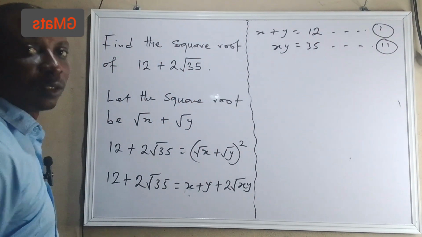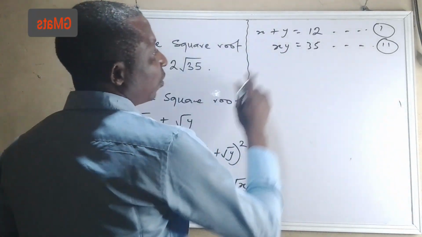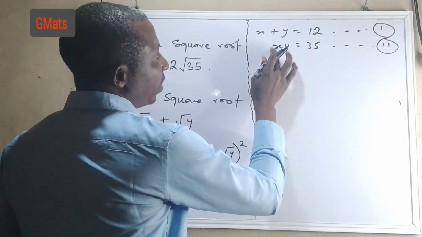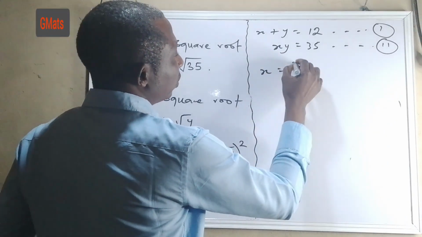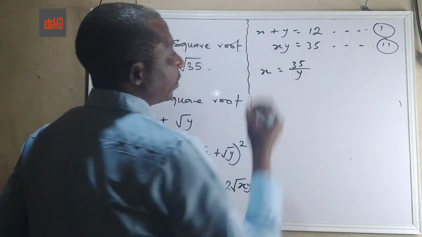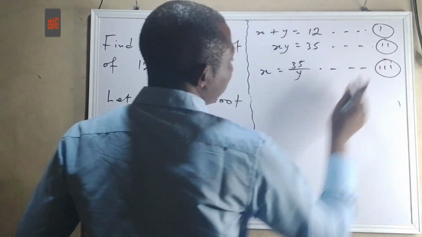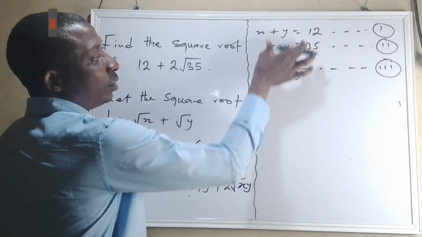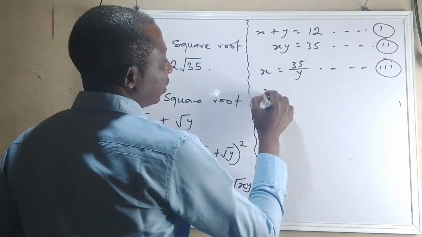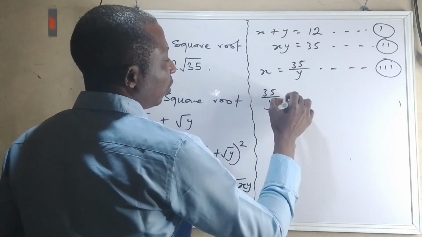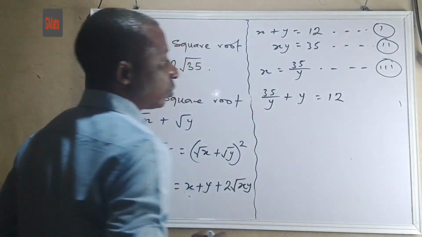So now the next thing is to solve these equations simultaneously. From equation 2, let's make x the subject of the formula. We have x equals 35 over y. Let's call this equation 3. You substitute this into equation 1, so equation 1 now turns to 35 over y plus y equals 12.